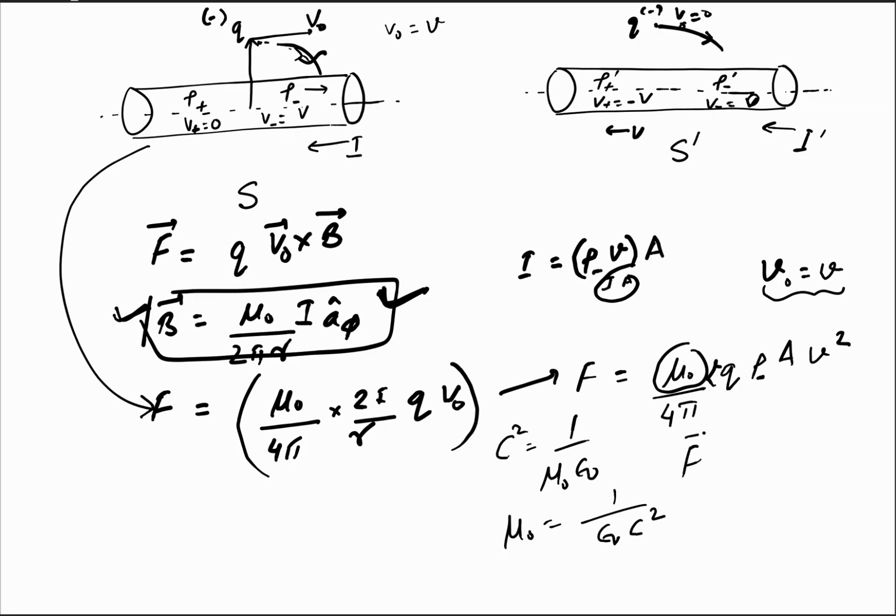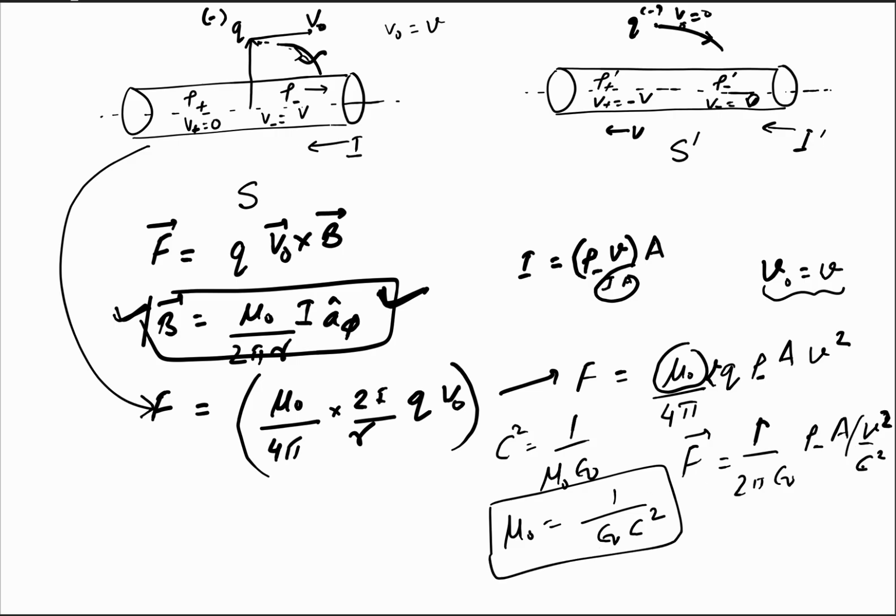So F will be 1 upon 2 pi epsilon naught rho minus A V square by C square. Now you should see why I have replaced mu naught by this quantity, because this is a very famous term, V square by C square, and we will see it many times whenever we study relativity.